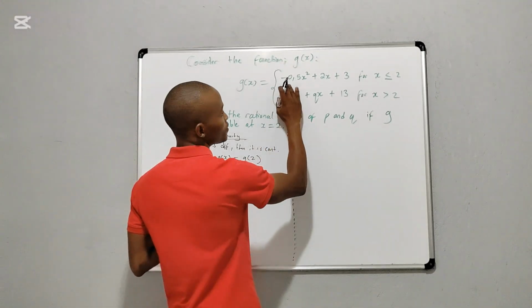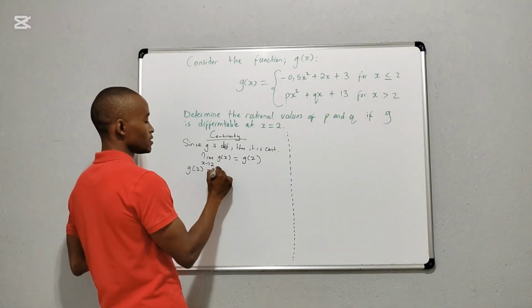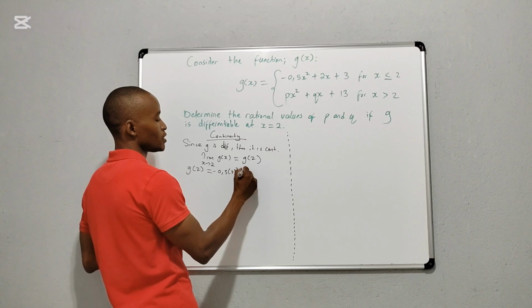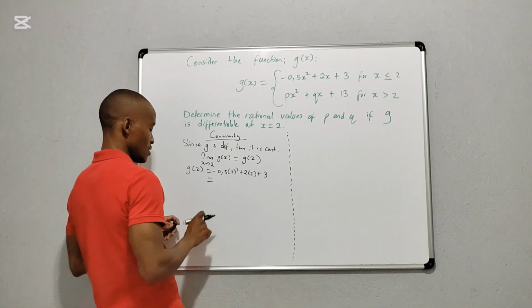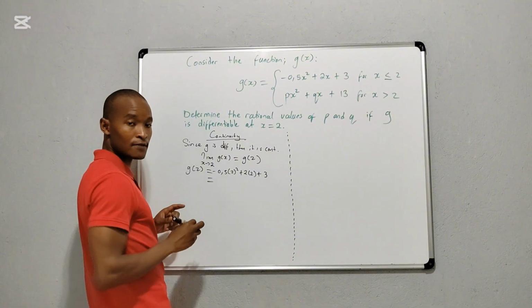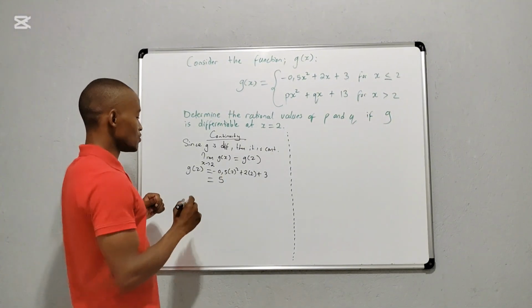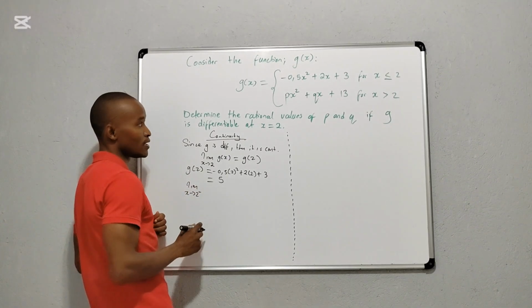G of 2, we'll find it through the first quadratic function, negative 0.5 times 2 squared plus 2 times 2 plus 3. What does that give us? 5. Right? So now let's look at our limits. Limit as x approaches 2 from the left.